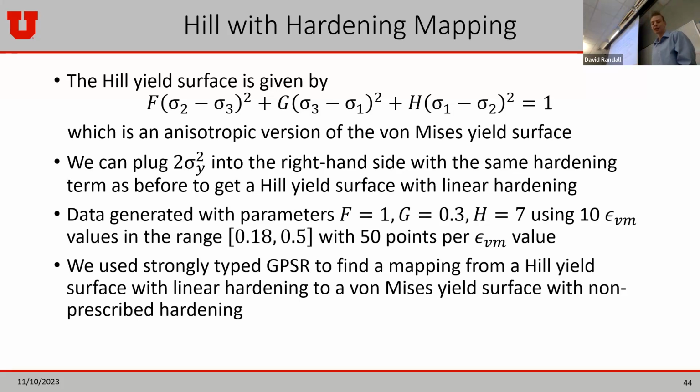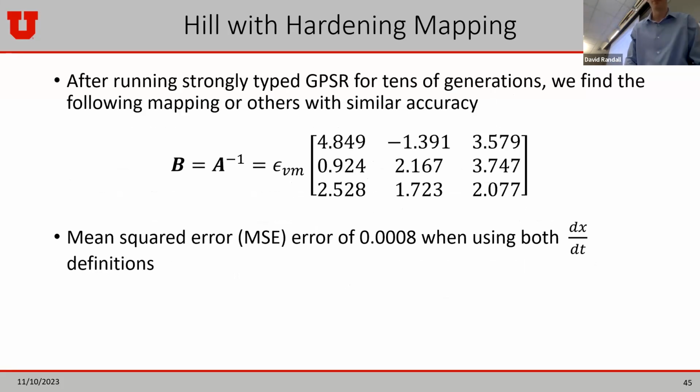So we generated data with these parameters, which define the anisotropy, which I'll show in a second, and then 10 different expansion values in this range with 50 points per expansion value. And then we try to use strongly typed GPSR to find a mapping from this data to, again, a von Mises cylinder of some radius.